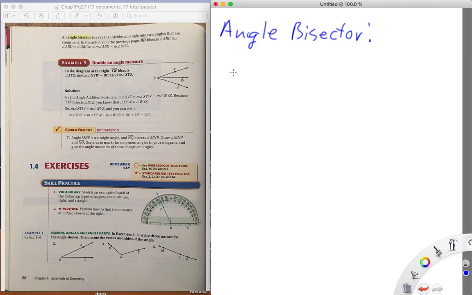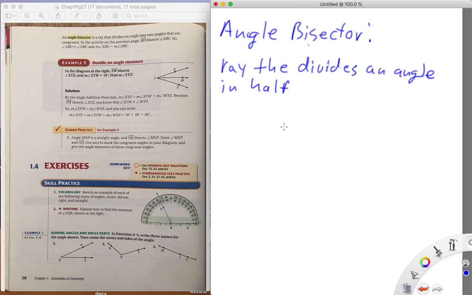So an angle bisector is a ray that divides an angle in half. Just cuts it in half.